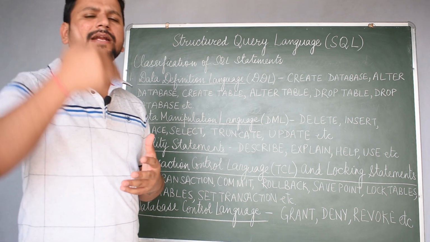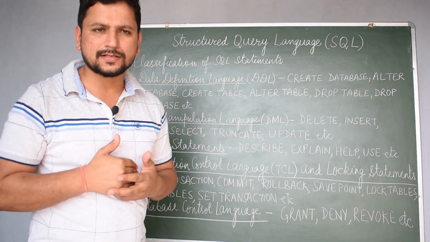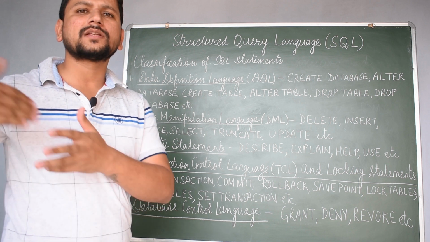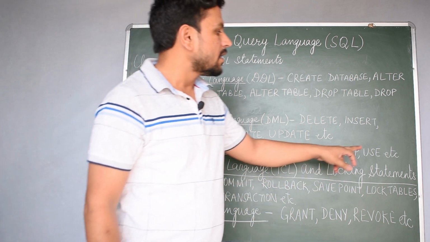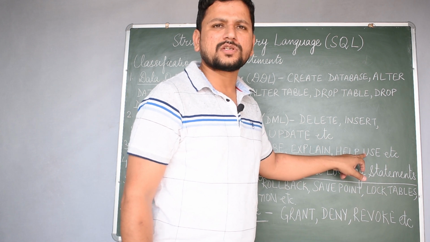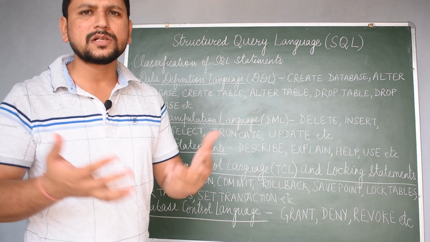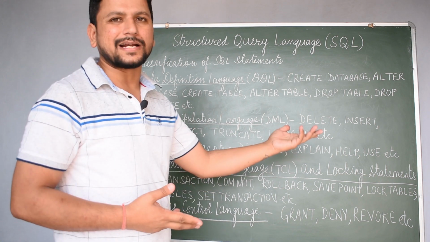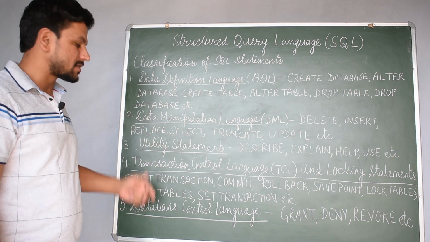Suppose we have three databases, one is test, one is SQL school, and the third one is record, and we want to create further tables in the school database. So we have to use the use school command, because if we select the school database, then whatever tables we create will be created in the school database. For that purpose we are using utility statements.